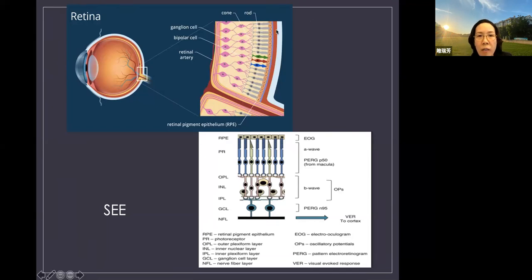Our first electrical impulse is formed in the photoreceptor.